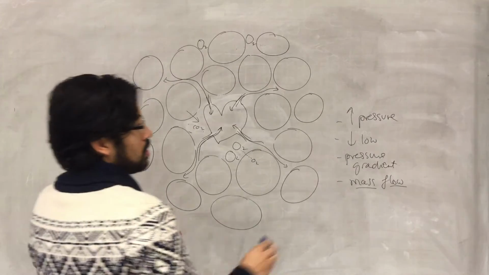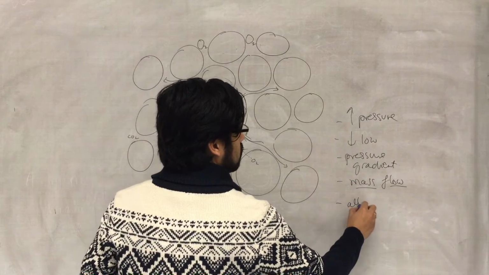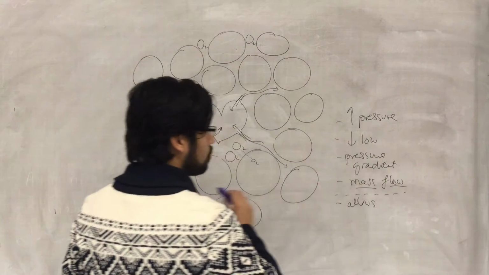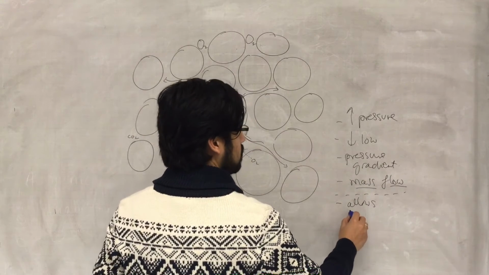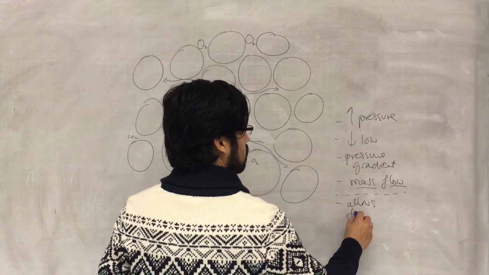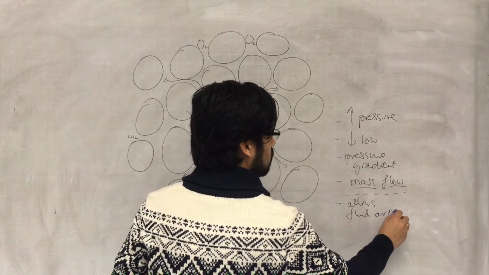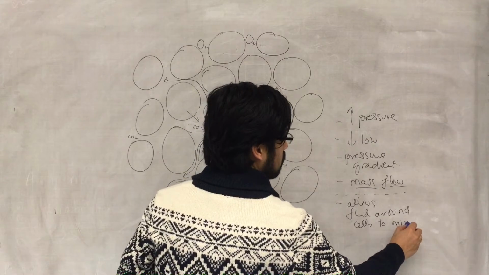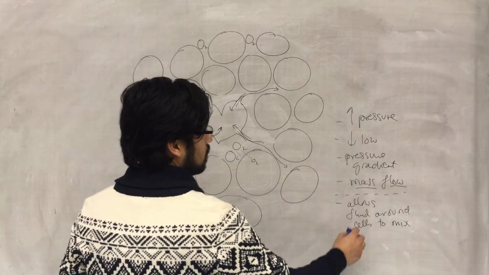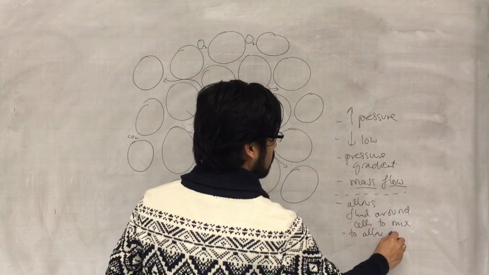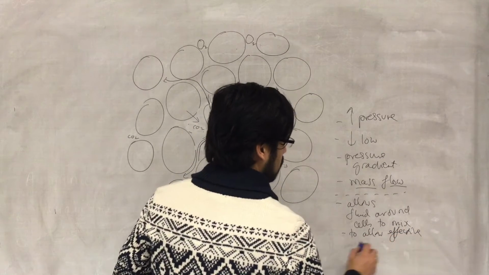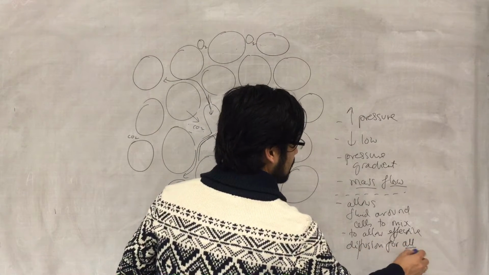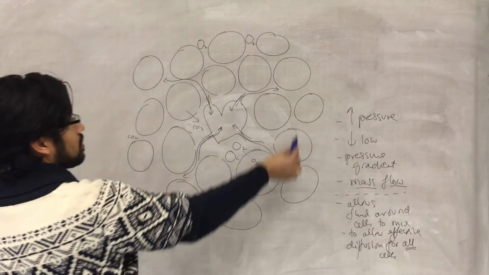Okay? So mass flow in an open circulatory system allows the fluid around cells to mix, to allow effective diffusion for all cells, not just the ones at the surface.